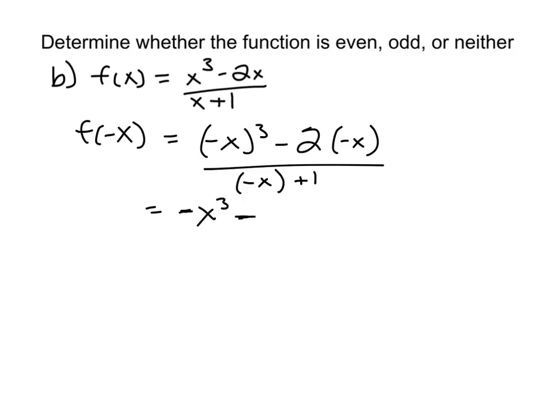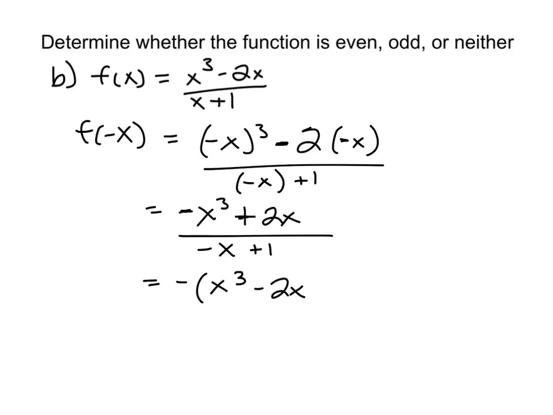This minus and that minus make a plus, so 2x over negative x plus 1. I could pull out a negative sign up top, so I'll have negative x cubed minus 2x, and then negative x plus 1 on the bottom.